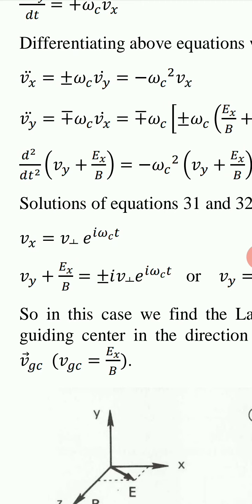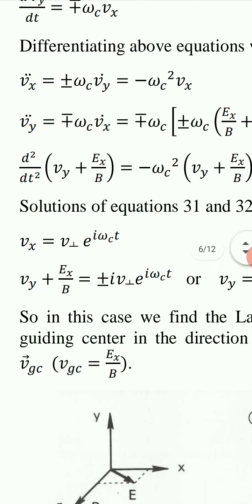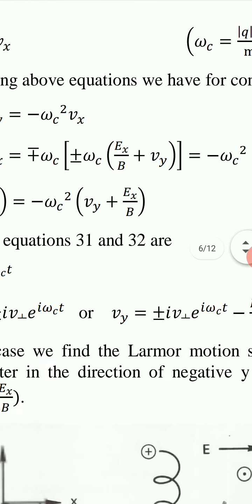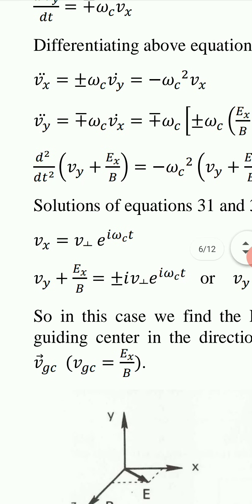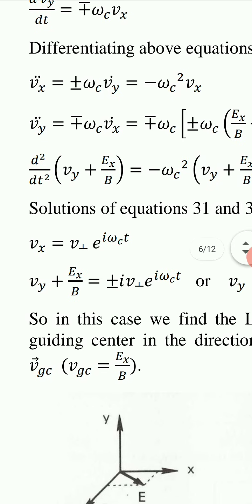and the solution of equation 31, that is Vx double dot equal to minus omega c square Vx, can be written as Vx equal to V perpendicular e to the power i omega ct, which is the solution of simple harmonic motion.